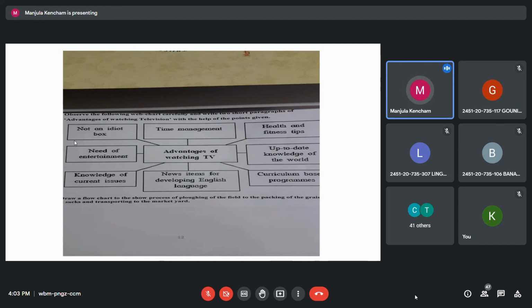So when you are expanding each and every idea, you are supposed to provide in reality how these health and fitness tips are given away. One of the advantages of watching television is health and fitness tips. So how do we get to know about health and fitness tips?